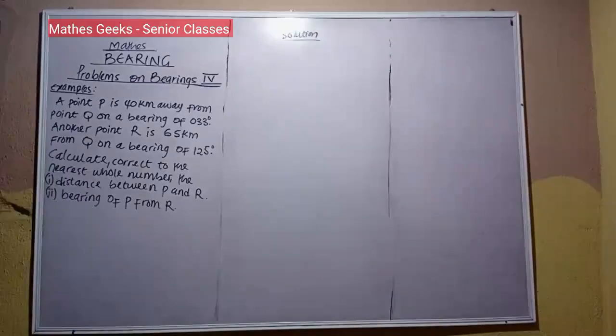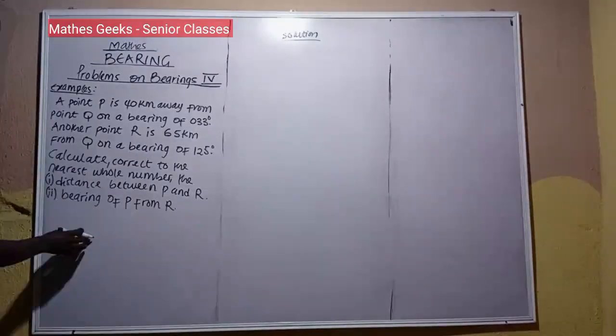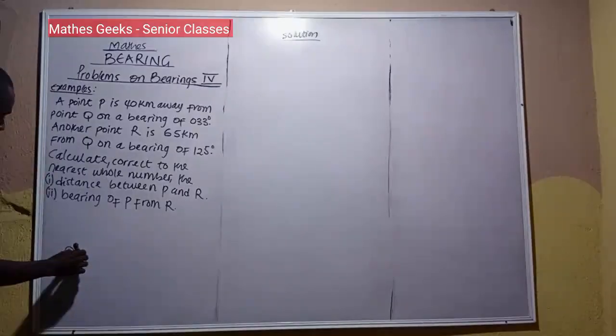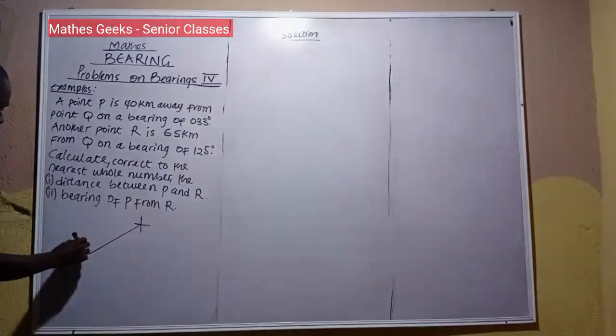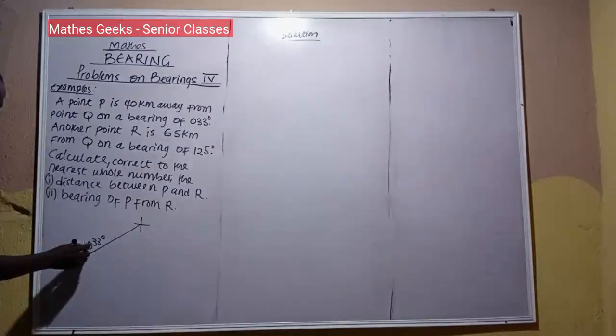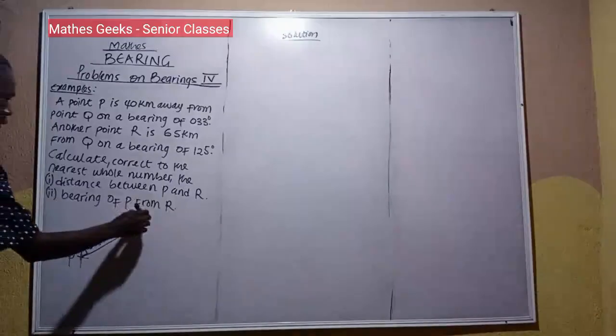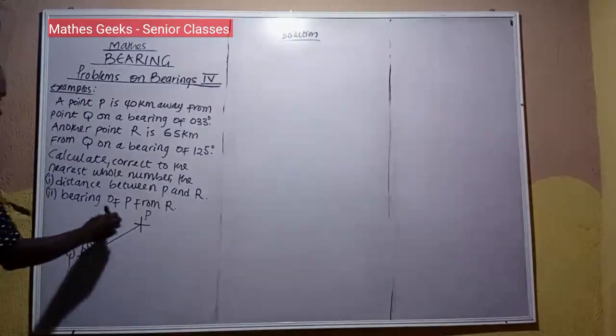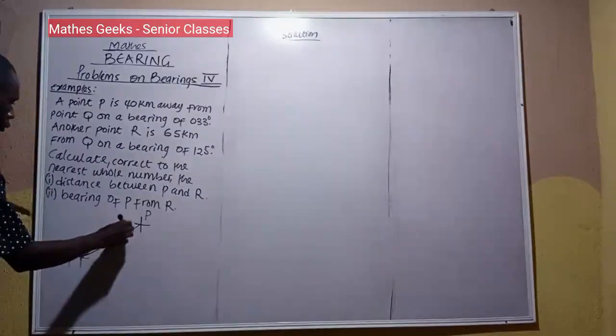A point P is 40 kilometers away from point Q on a bearing of 033 degrees. So P is 33 degrees from point Q, and the distance here is 40 kilometers.